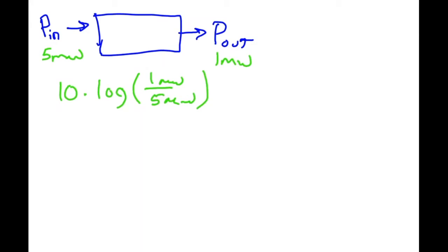We plug that into our calculator, and we find that that's negative 6.9897. So what you can see very clearly is that losses in decibels are always negative, gains are always positive. It makes it very easy to just look at that.